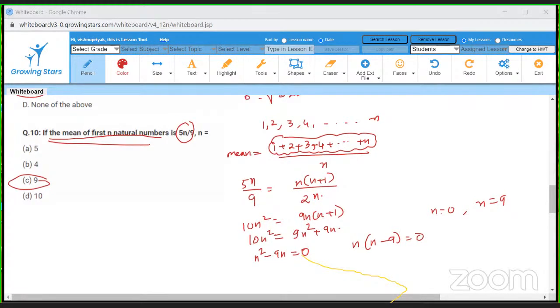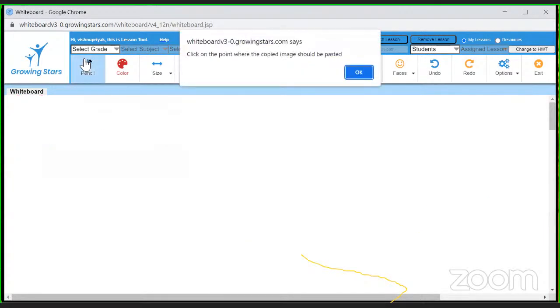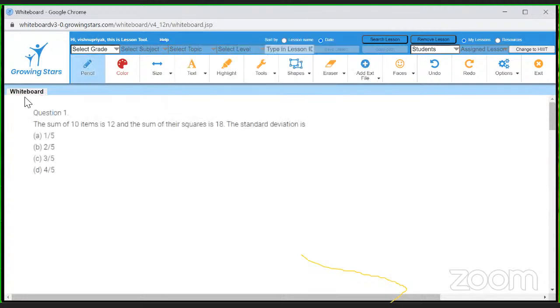Now we will go to a little bit more difficult questions. Slowly the level will increase. Here is the question. So think over and do. In a hurry, you must not get a wrong answer. This is the question.